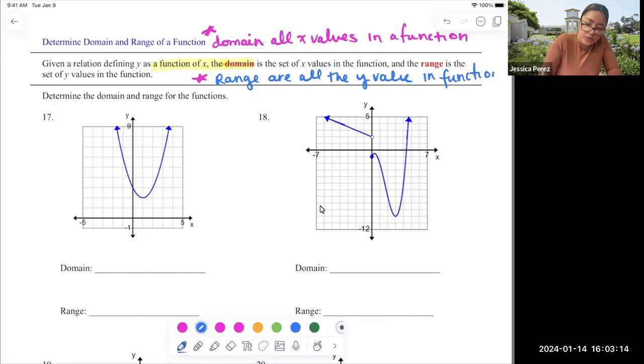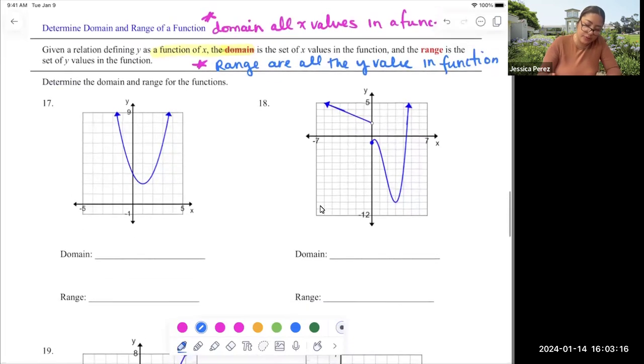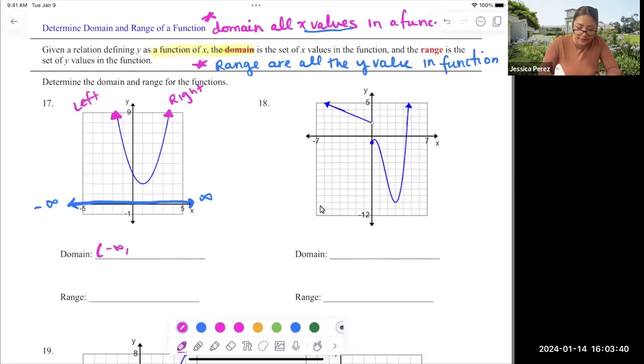So for example, if we look at the first example, remember what are my x values? My x values are all these. So this is negative infinity and this is positive infinity. So notice that my graph begins all the way to the left and it goes all the way to the right side. So my domain is negative infinity to positive infinity.